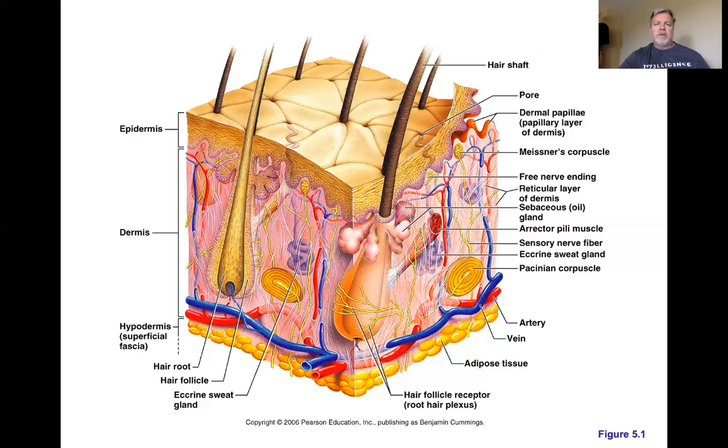I thought that was in the blood chapter, but it's here. Your skin stores up to 5% of the body's blood volume. So that's a fair amount. My last function is excretion. So we have large amounts of nitrogen waste that's eliminated from our body through sweat.